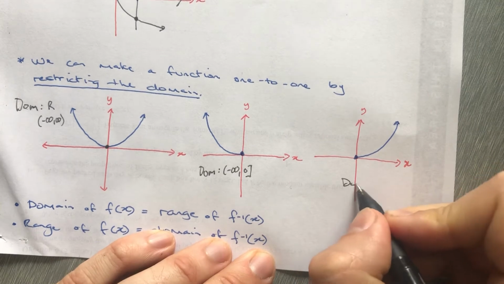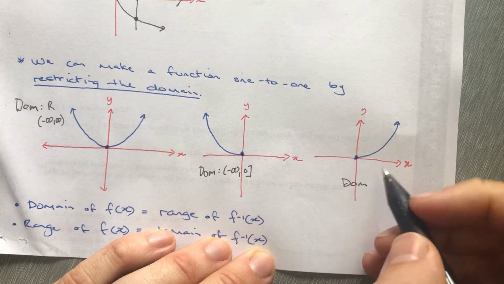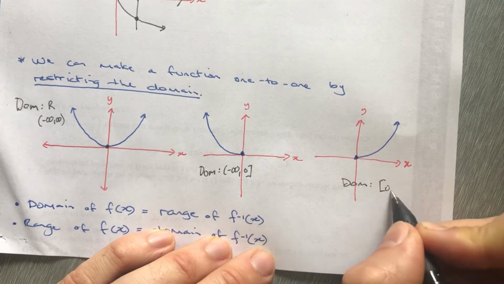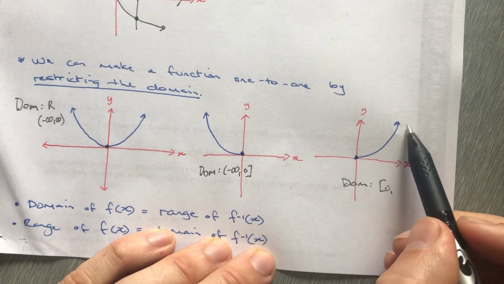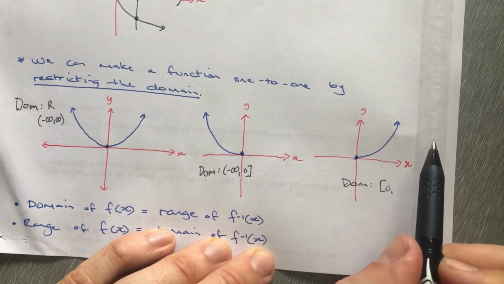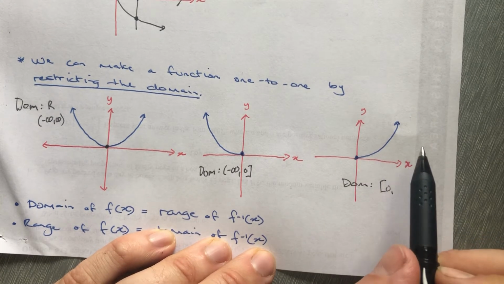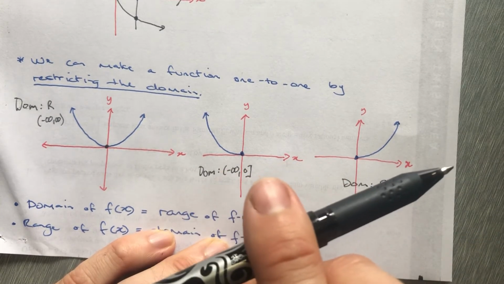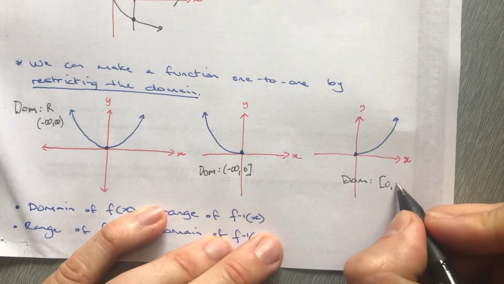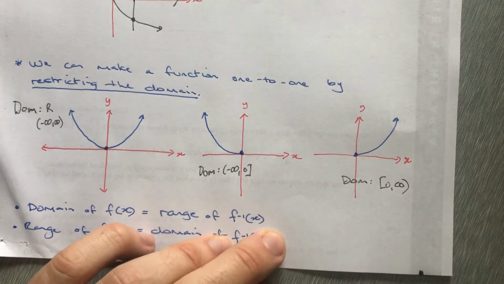And the domain for this bit would be starting at 0 and includes the 0, and it's going all the way up and across, but we don't need to worry about up for now because that's the range. We're worried about the domain, so it's continuing going that way. So it's going to go all the way to infinity.